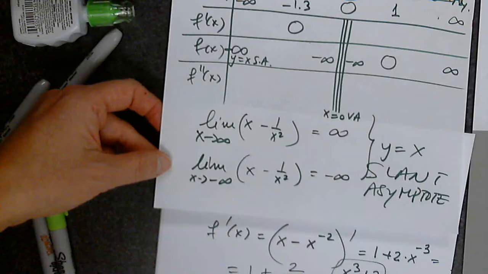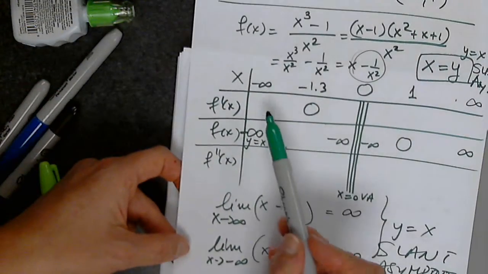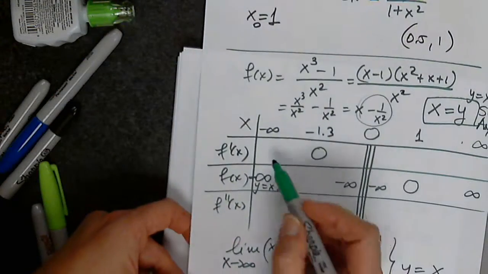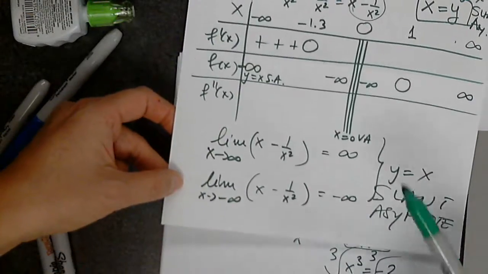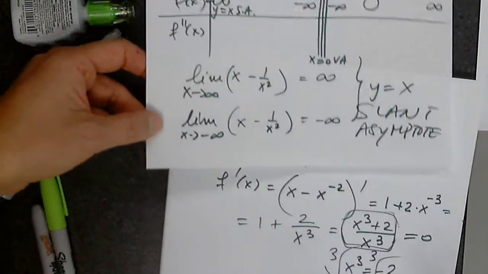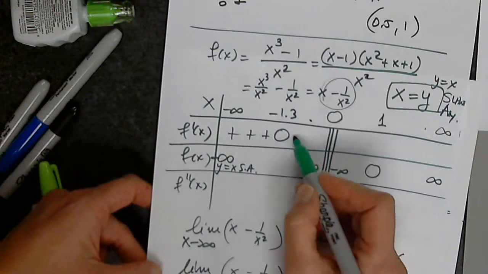Have to study the sign of this. Okay, on the left-hand side, negative 10. Negative 10 plus 2 is negative, divided by negative 10, so it's positive. On the right-hand side, I still have to discuss it here. I have to look at negative 1. Negative 1 plus 2 is positive, and this is negative.